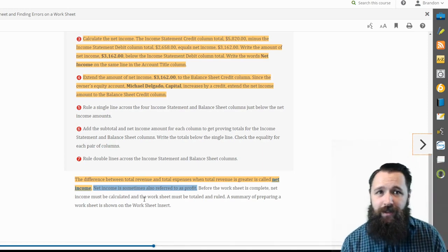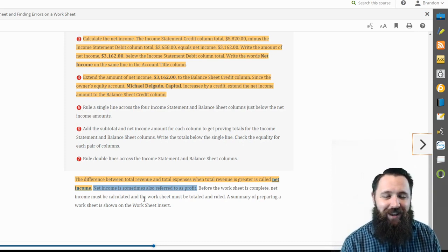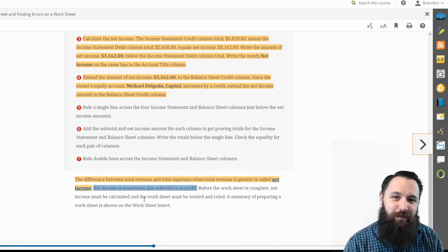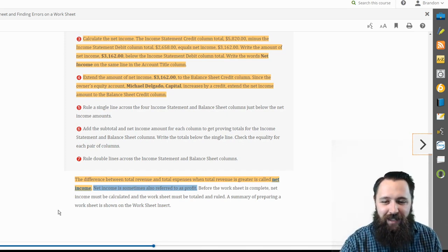Now, if you're running a business, what do you want? A net income or a net loss? Well, you're going to want a net income, right? Because that means that your company's making money. If you have a net loss, it's probably not good. Some companies can run a net loss every once in a while.